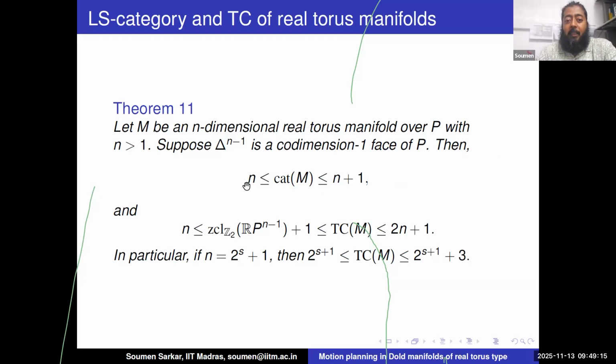Okay, so the result is obtained using some known results, like cone length, or dimensionality, or zero divisor cup length. So this gives this bound. Now, in particular, if n is in this form, then the zero divisor cup length will be this. So we can see a fairly close bound.